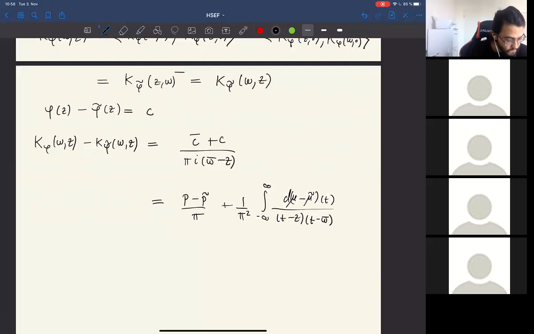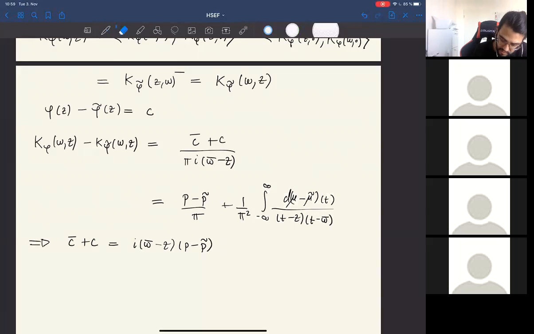You can just multiply this whole thing by w bar minus z, and then you will get that c bar plus c equals I w bar minus z p minus p tilde, minus 1 over pi I. And then, once you multiply by w bar minus z, you can split this fraction into a difference of 1 over t minus w bar and 1 over t minus z.